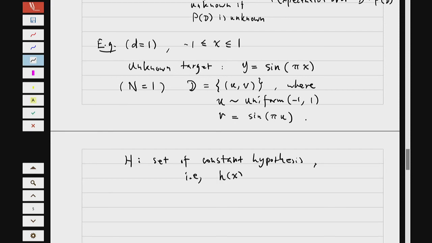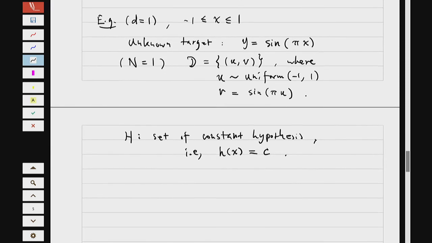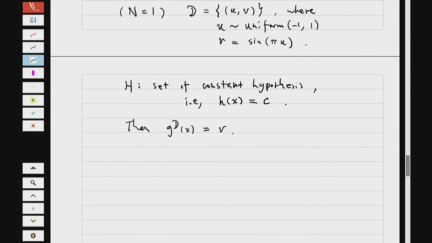H of x is equal to c. Yeah, just some constant. You just have to choose the best constant for your hypothesis, right? So in that case, what do you think would be the best choice? Well, since you only have one data point to train this constant, clearly just say, I set it to V, right? Whatever label I observe from that one data point, I will set my hypothesis to that value. Is that right?